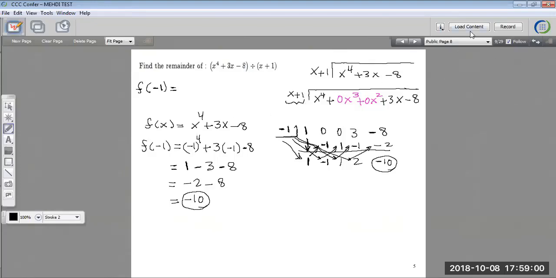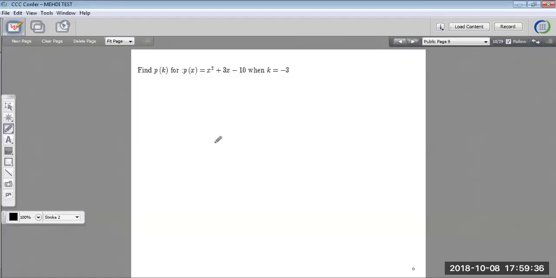For this problem here, you want to find p of k for p of x is equal to x squared plus 3x minus 10. Your k here is minus 3, so you want to find p of k, which turns out to be p of negative 3.